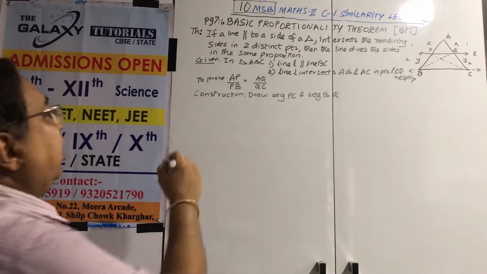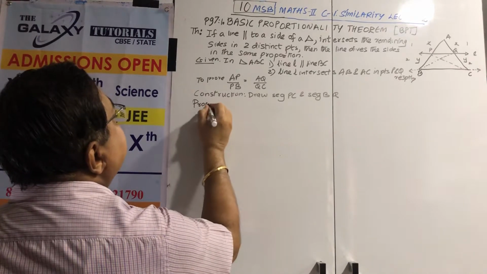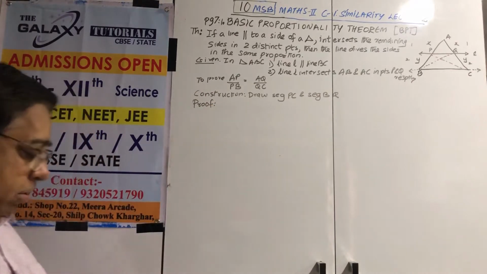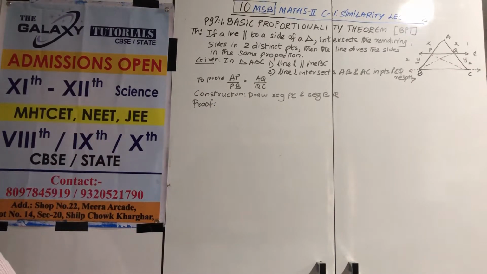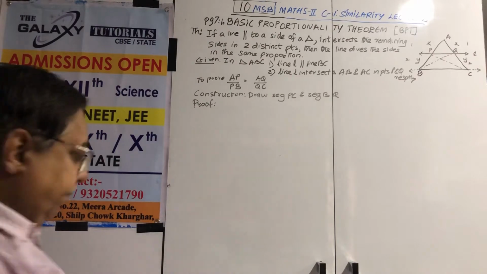And then we will start our proof. First, when two triangles are drawn between parallel lines, their heights are equal. We just saw it in exercise 1.1.